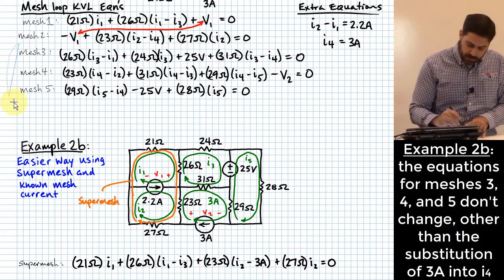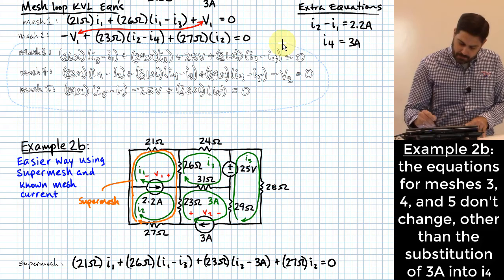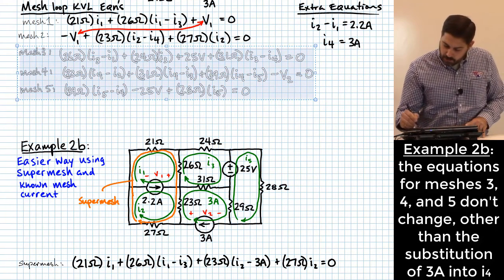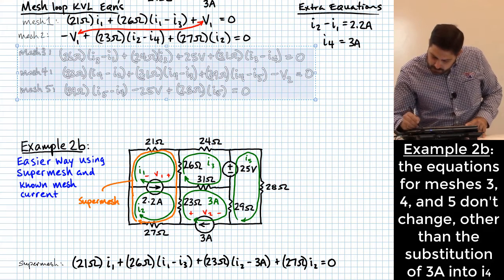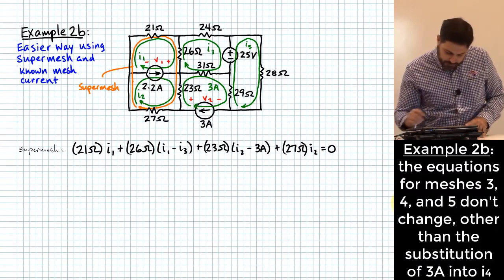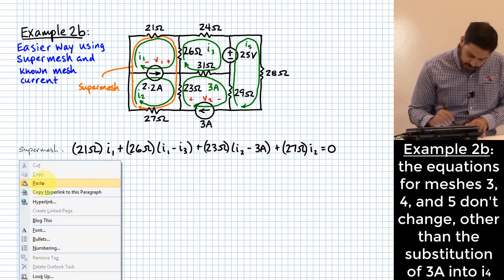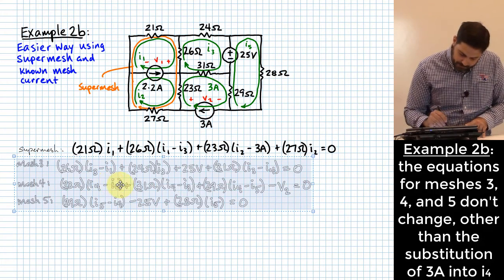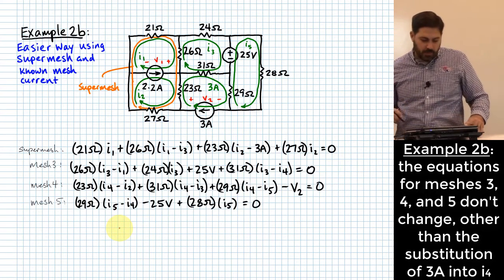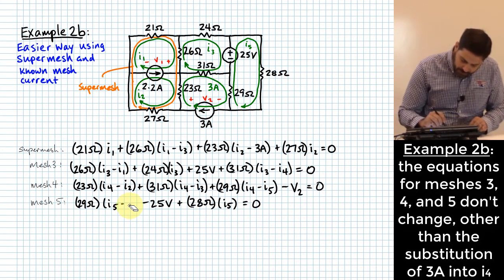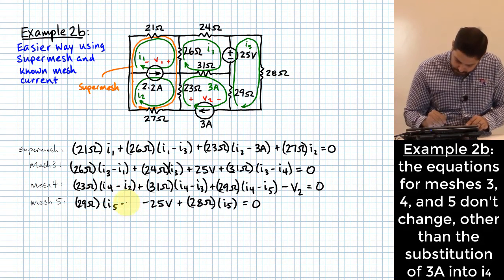So I'll tell you what, I'm going to grab all these and copy them, because nothing really changes for all of these. All right, let's see. Copy there. I'll paste this down here, and I'll kind of fix everywhere where I have an I4. I'll take and put 3 amps.